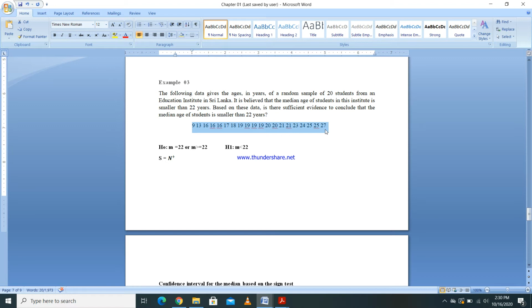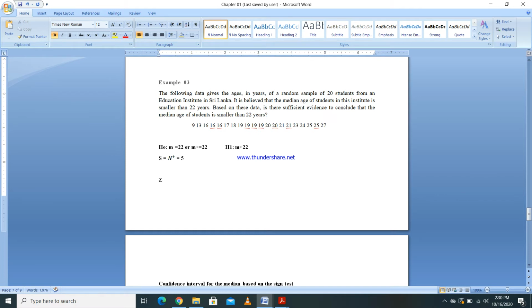So your test statistic is equal to 5, because only 23, 24, 25, 25 and 27 are the values which are greater than 22. So you have 5 positive differences.